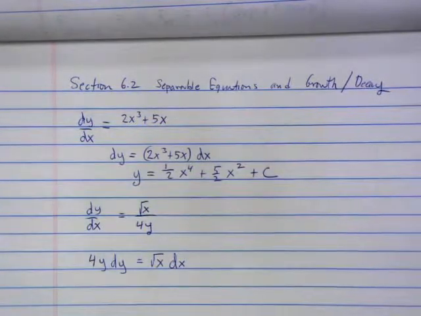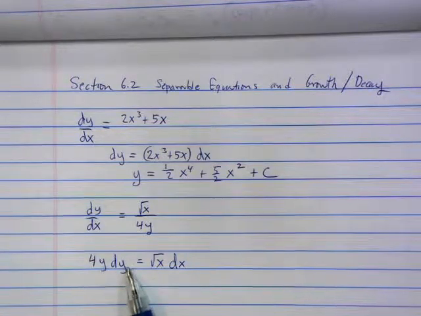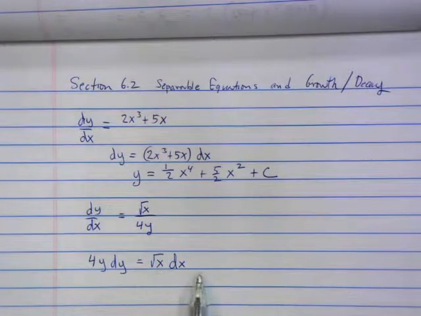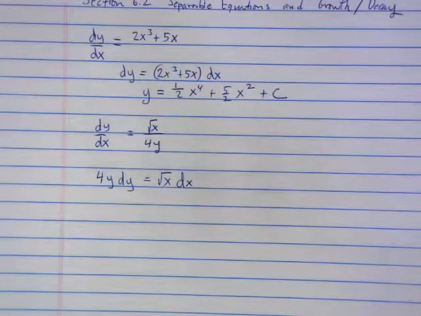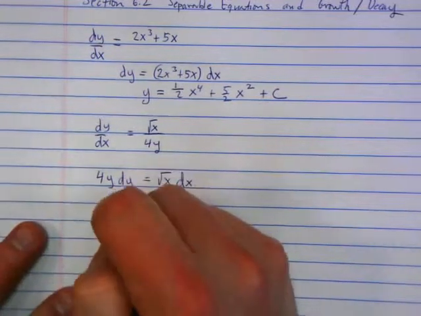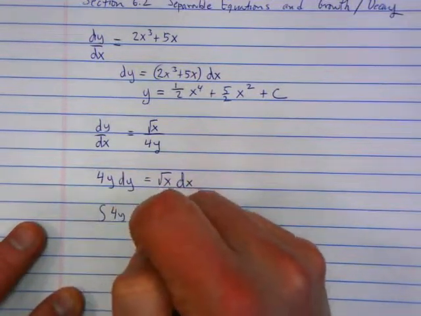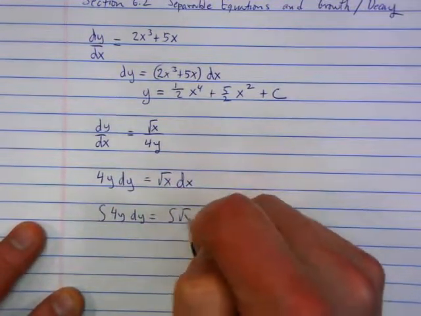I'm able to separate my variables. I got all the y's on one side, and when I say y, I mean y's and dy's, and all the x's on the other side, x and dx. What does that allow me to do? Integrate. So I can integrate 4y dy equals the integral of square root of x dx.